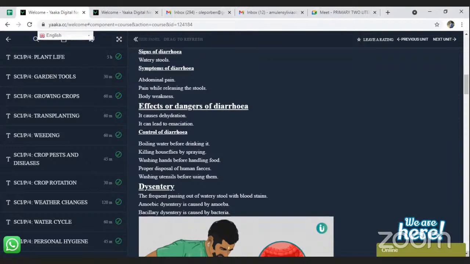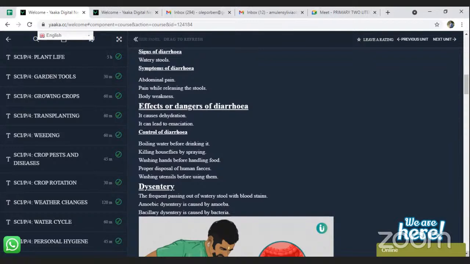So the word bacillary comes from the word bacteria, which is the germ that causes that specific type. So here what we are talking about is that dysentery is categorized into two. We have amoebic dysentery and then bacillary dysentery. So they can ask you to mention the types of dysentery or the categories of dysentery or examples of dysentery.